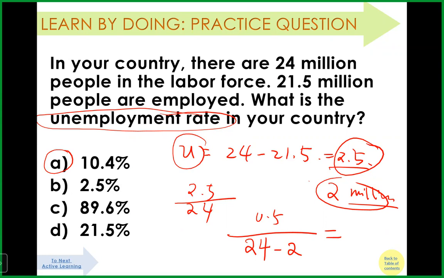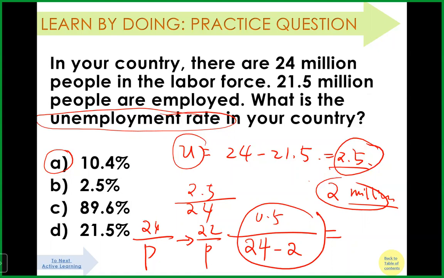However, if we look at the labor force participation rate, we immediately see something going on, right? Because the labor force participation rate is going to change from 24 divided by whatever the size, let's call it P, to 22 divided by P. Does that make sense? Yes, you have a decline in unemployment rate, but at the same time, you have a decline in labor force participation rate.